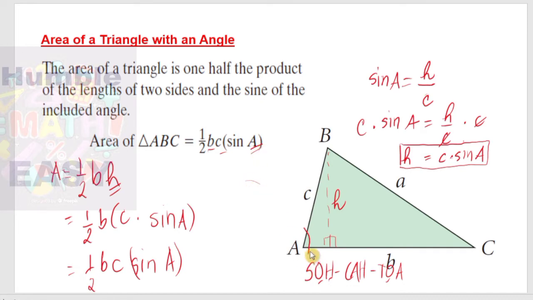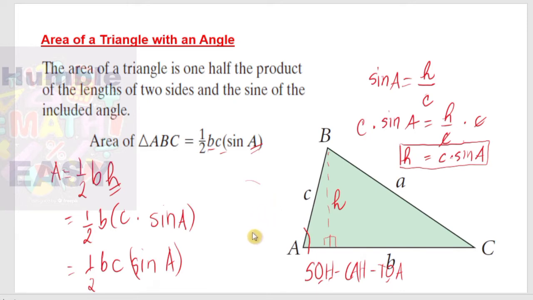So here it goes again. To use this formula further, the B here is our base and C here is the other side. Then the angle A is in between the two sides, and that is what you call the included angle.